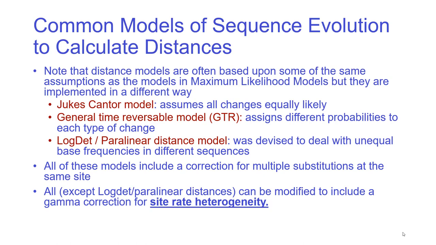The most basic of all is called the Jukes-Cantor model. The most complicated of all is the general time reversible model, which gives different probabilities for each one of the particular changes. There's also a model which is rather obscure called the LogDet paralinear distance model, which was intended to deal with some very specific cases within specific programs.